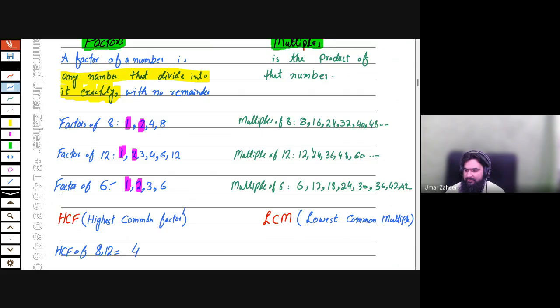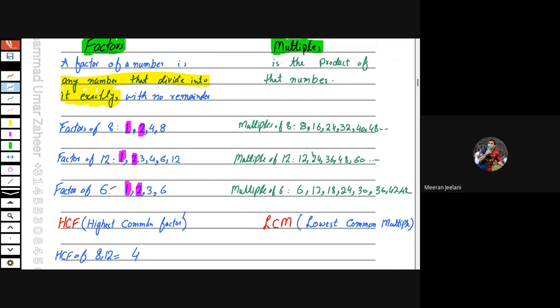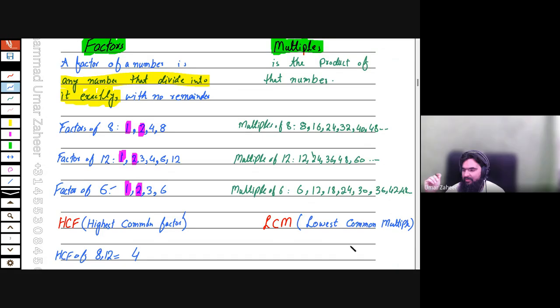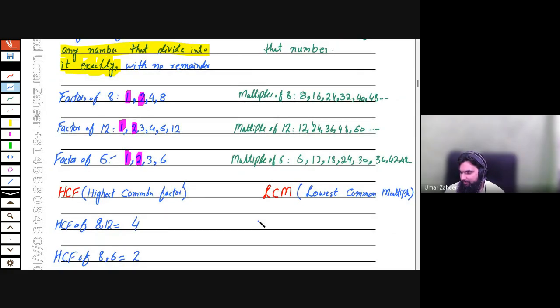Yes, everyone. Any question? No, sir. Okay, now we have to talk about the least common multiple. We are talking about the LCM of 8 and 12. So look here, 24 is the least common multiple. We have 48 as a common multiple.